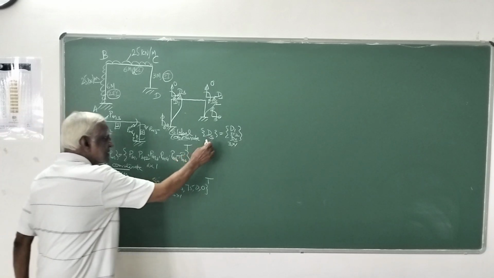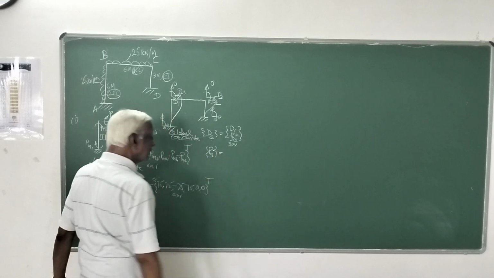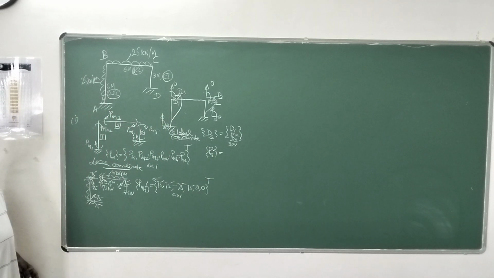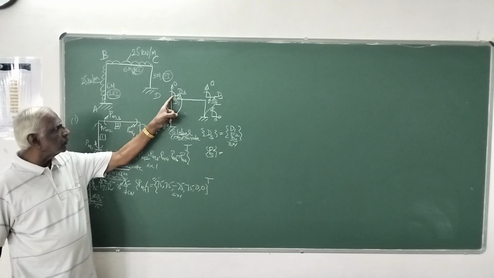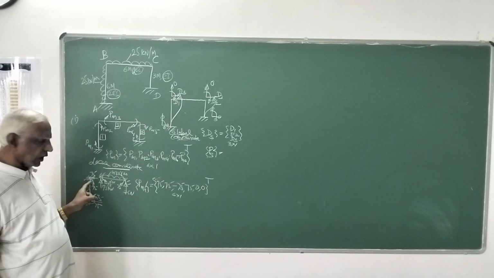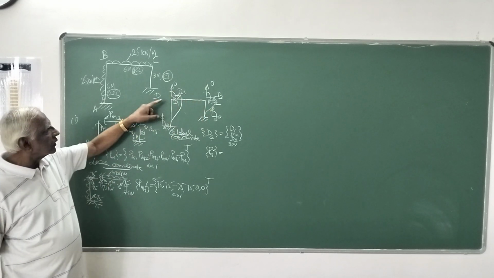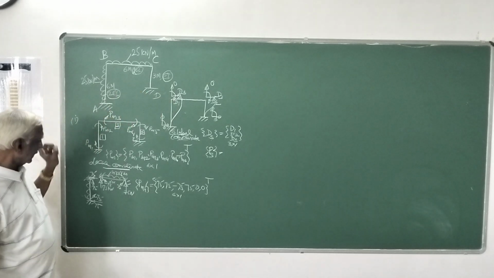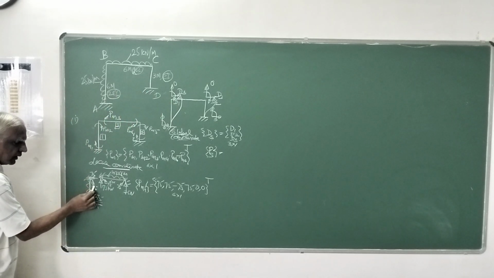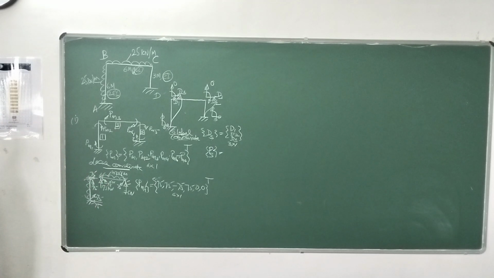Then PS is equal to, corresponding to these forces, the equivalent joint member end actions corresponding to these coordinates. So corresponding to D1 coordinate, here it is plus 75, here it is minus 75.